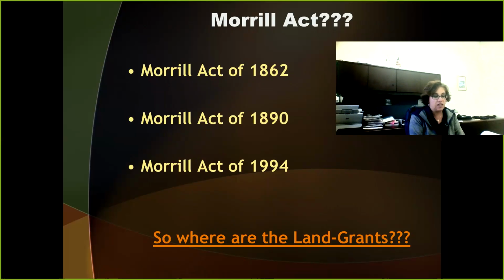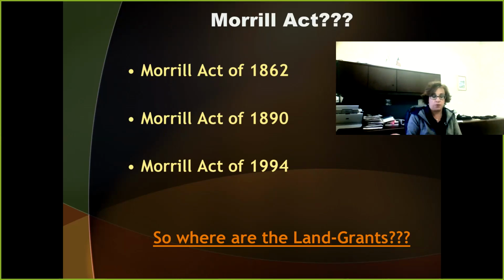What they did is it gave each state 30,000 acres for each senator and representative they had back in Washington, D.C. And then it also added the requirement. Originally, it didn't have the military tactics, but with the Civil War being really important at that point, they added the military tactics.